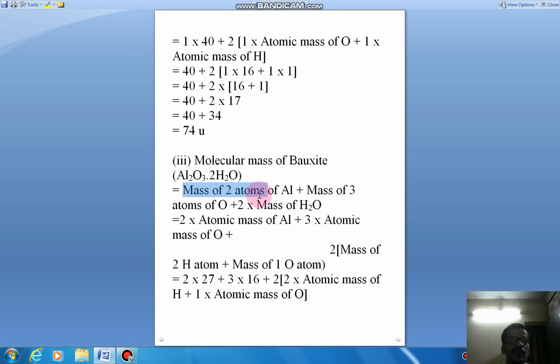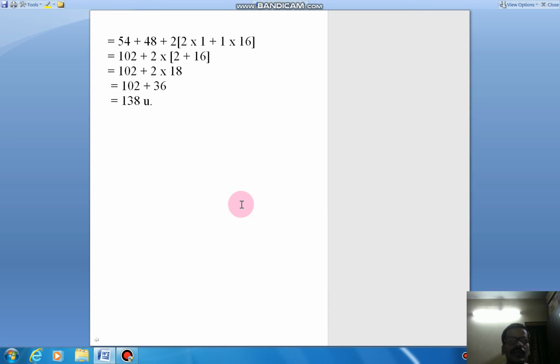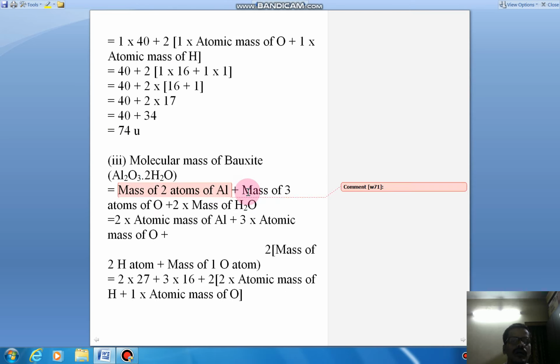Mass of 2 atoms of aluminum plus mass of 3 atoms of oxygen plus 2 into mass of H2O. So now 2 into the atomic mass of aluminum plus 3 into the atomic mass of oxygen plus 2 into the atomic mass of 2 hydrogen atoms, because it is H2, plus the mass of 1 oxygen atom.